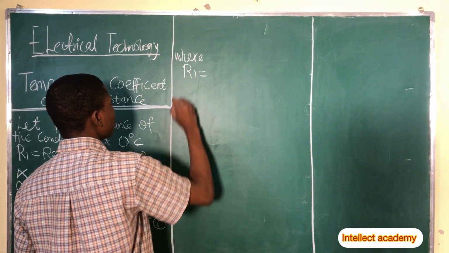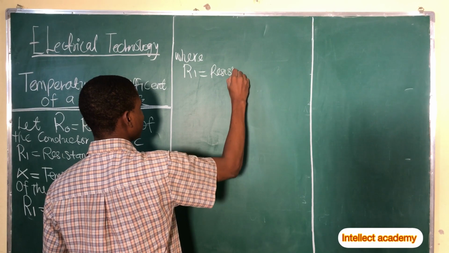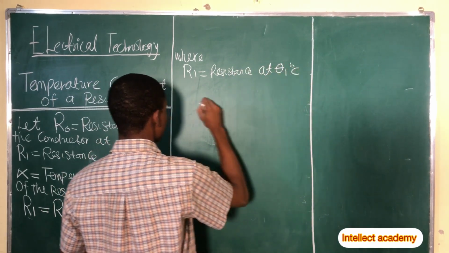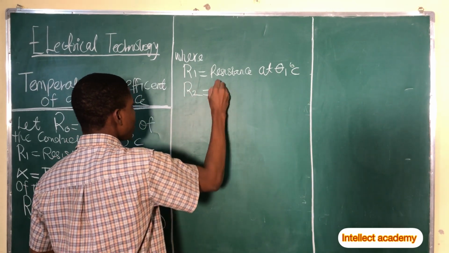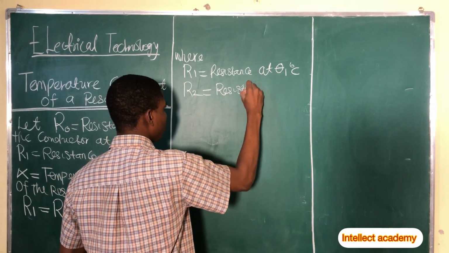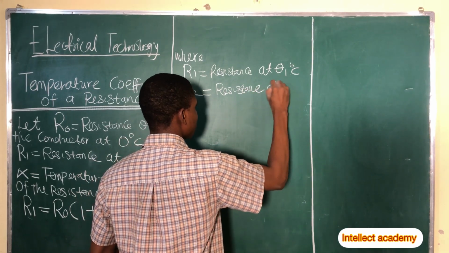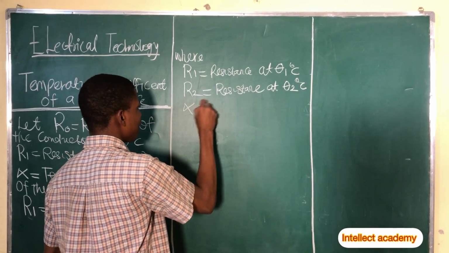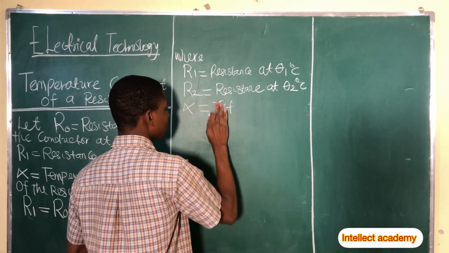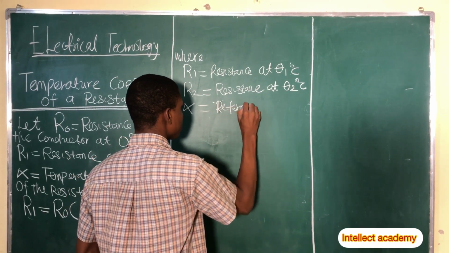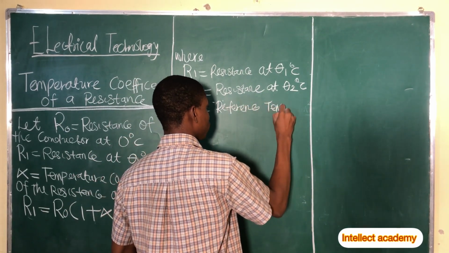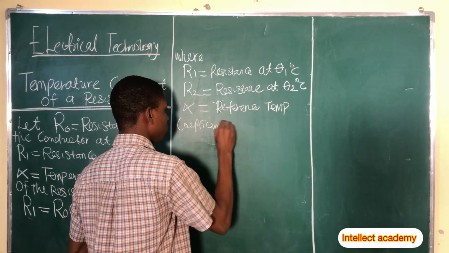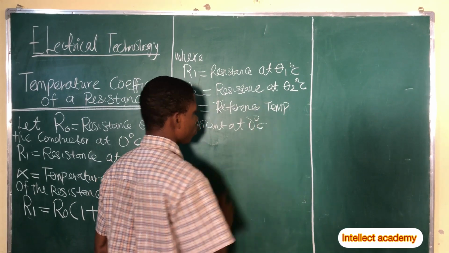Now, what if we have a conductor where R1 is the resistance at theta 1 degrees Celsius, R2 is the resistance at theta 2 degrees Celsius, and we also have this as the reference temperature coefficient at 0 degrees Celsius.